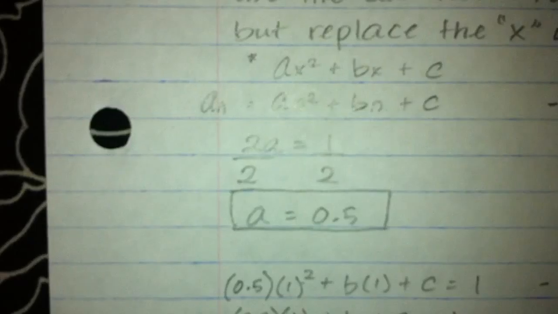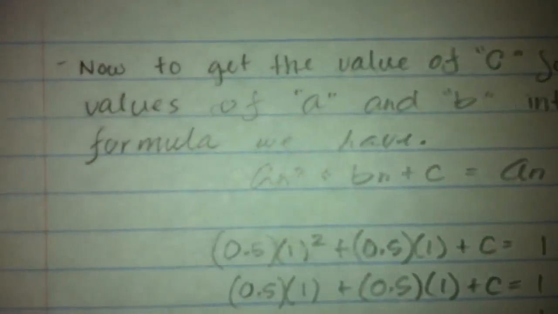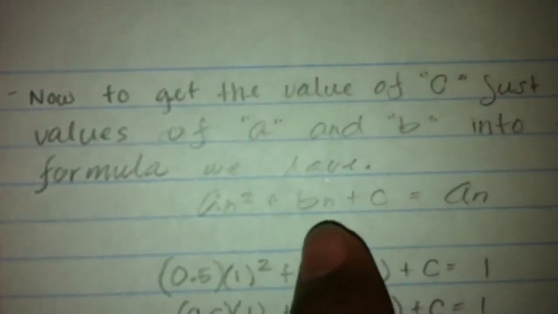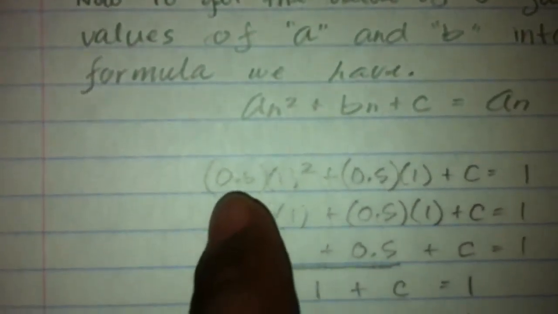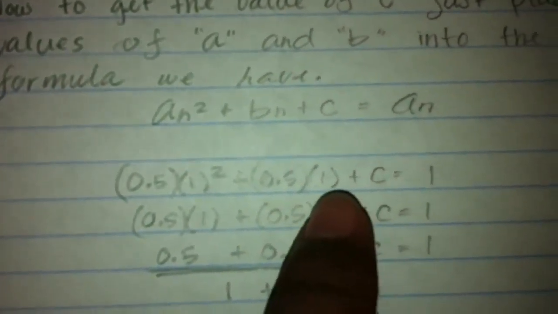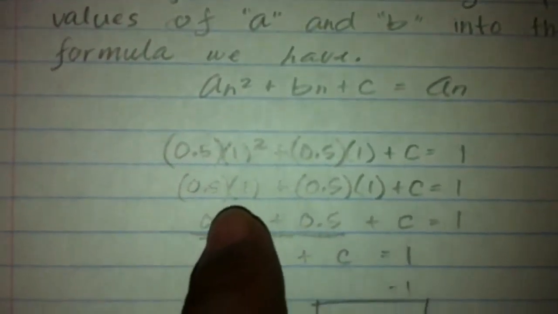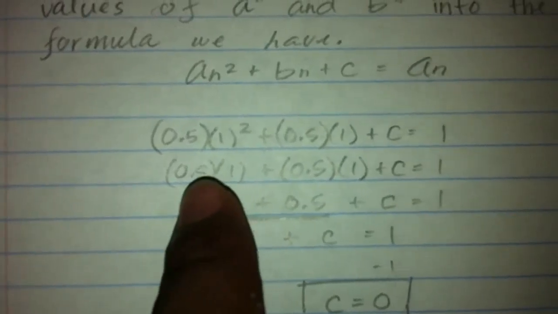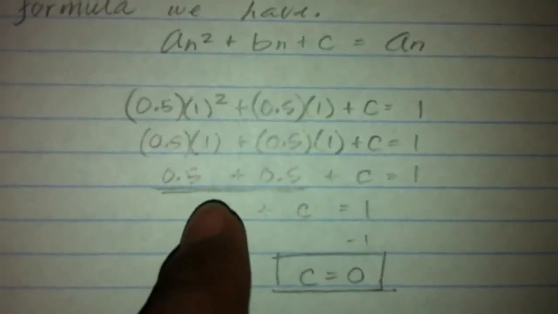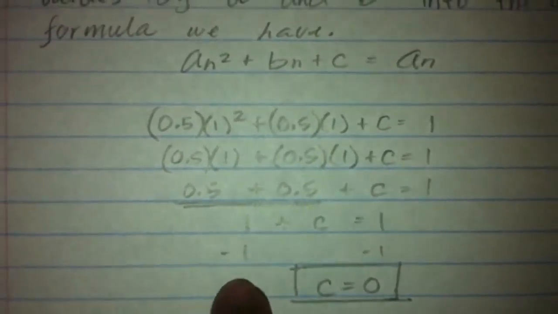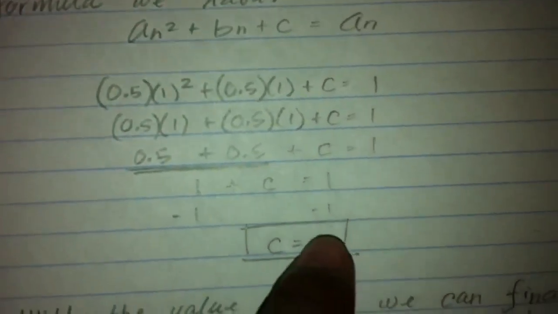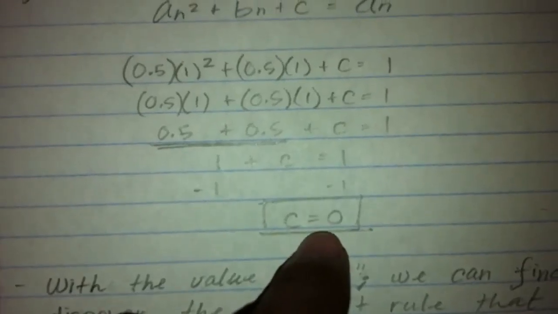So remember that a is 0.5 and b is 0.5. By substituting the a and the b, we would have this equation. Now by slowly going through the process, we see that it will equal 1 plus c. By subtracting 1 on both sides, c would equal 0.